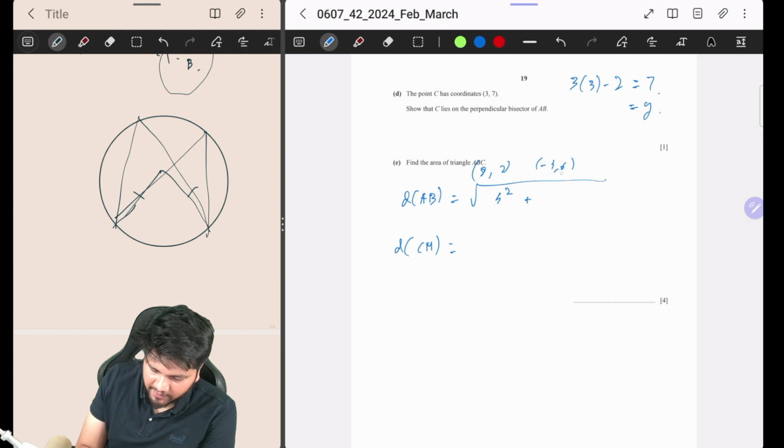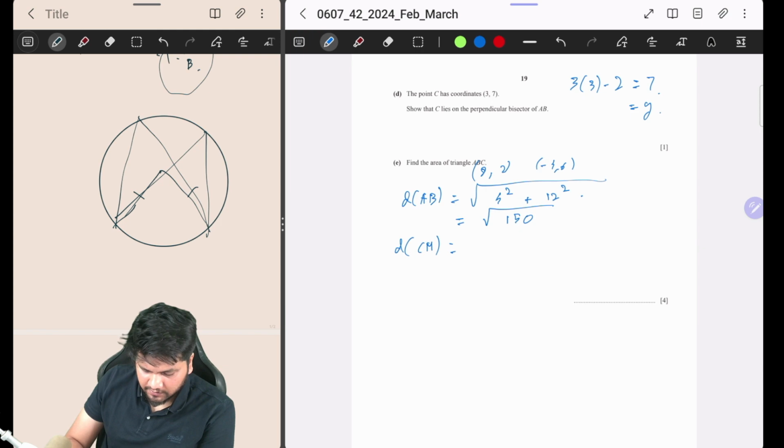So 8 minus minus 4 is going to be 12 square. So it's going to be 16 plus 144. It looks weird. Generally we get a perfect square, that's why 144, 16. Take 150.